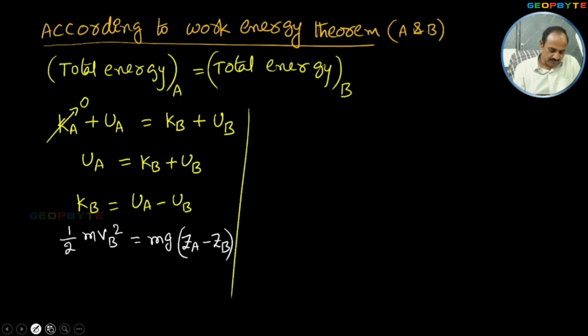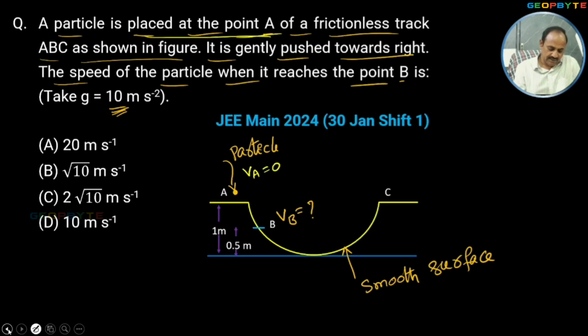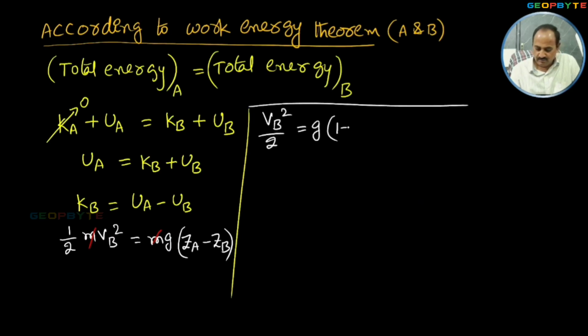So this m is cancelling. Finally vb square by 2 is equal to g into the elevation difference, 1 meter minus 0.5 meter.